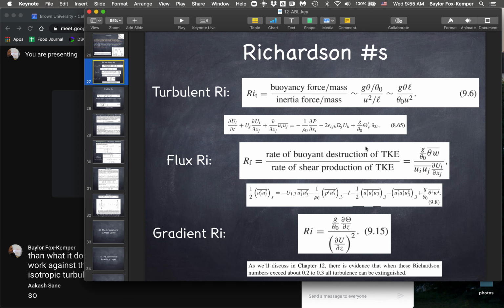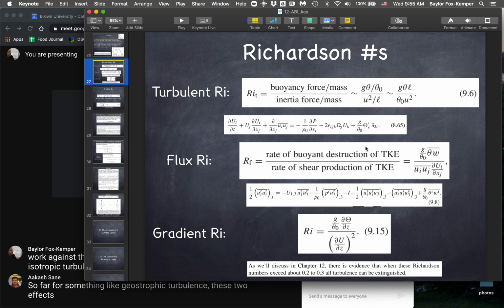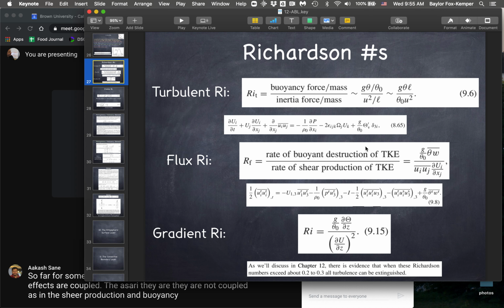So for something like geostrophic turbulence, these two effects are not coupled, as in the shear production and buoyancy destruction.